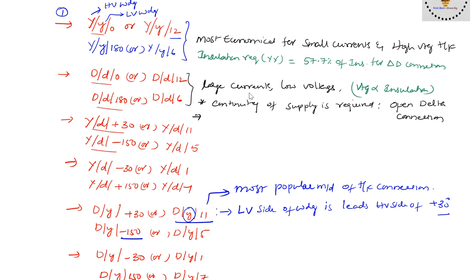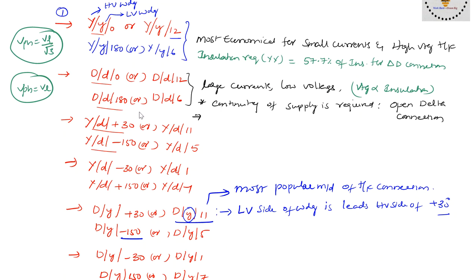The reason is that in delta connected winding, VPH is equal to VL, but in star connected winding, VPH is equal to VL by root 3. Based on this, the insulation requirement in star star winding is less compared to delta connected winding.